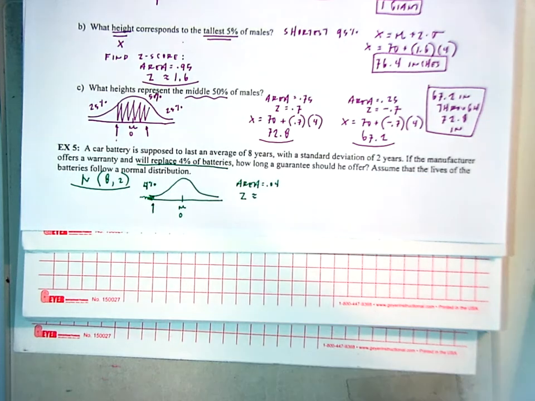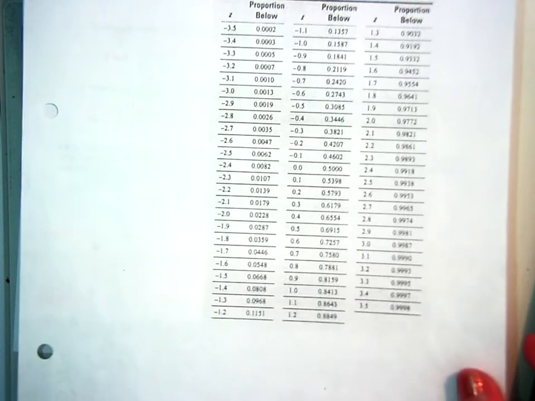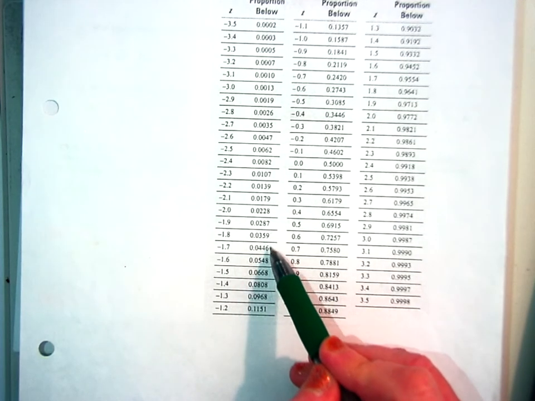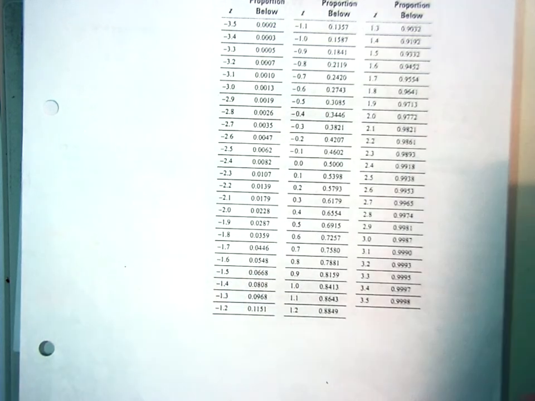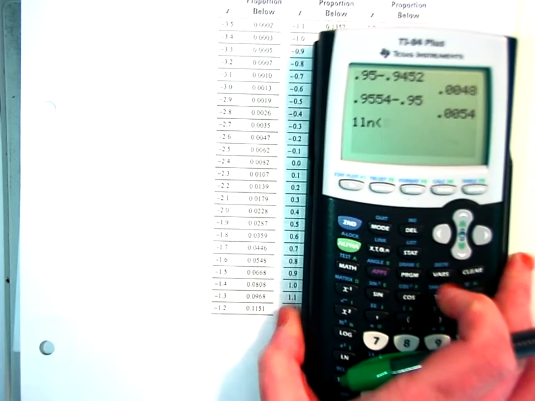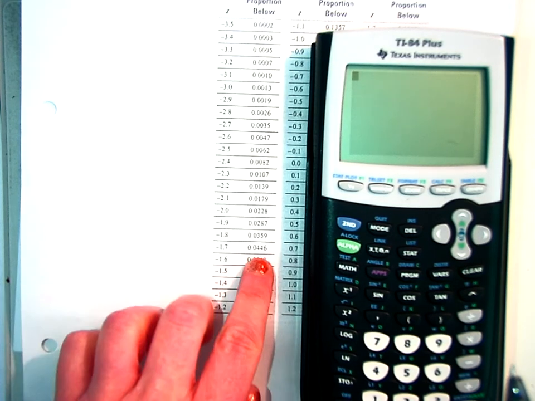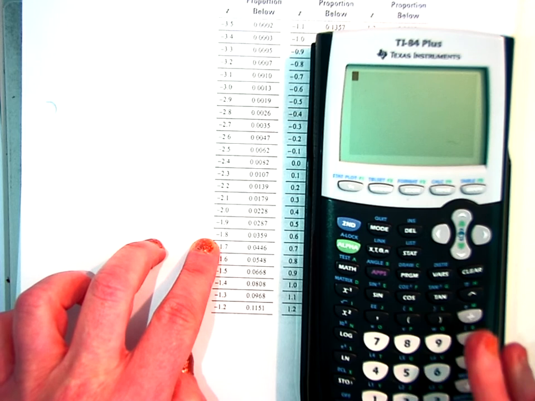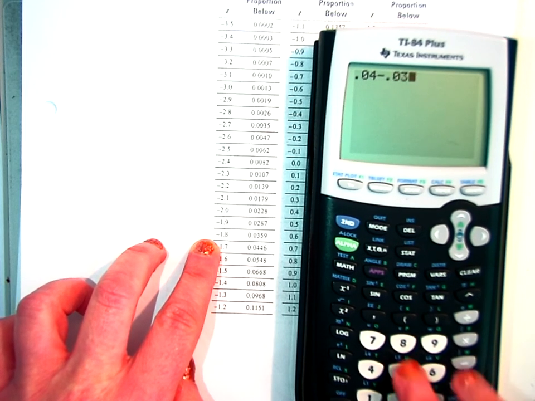So if I look at 0.04, let me make sure you can see everything this time. Okay, so here I'm looking for the 0.04. Which one is it closer to? Is it closer to the negative 1.8 or the negative 1.7? So if I'm checking the negative 1.8 first, 0.04 minus 0.0359.